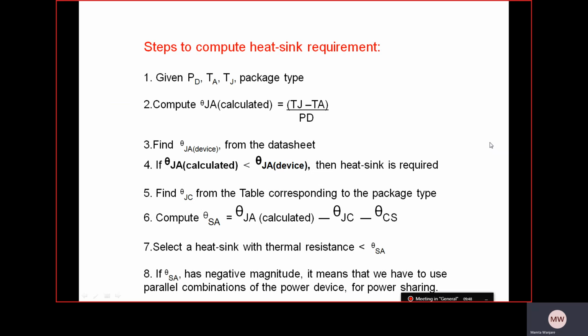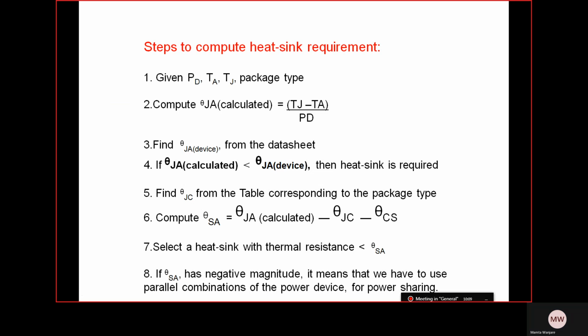Different steps to compute the heatsink requirement. First step: power dissipation, Ta, Tj are given, and from that we calculate theta JA, equal to Tj minus Ta divided by power dissipation.